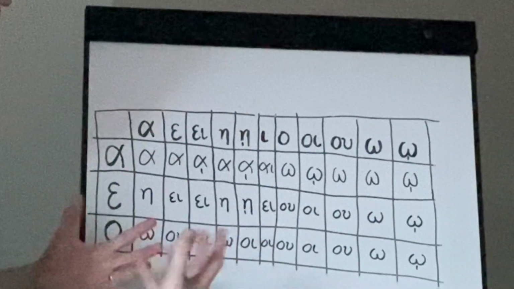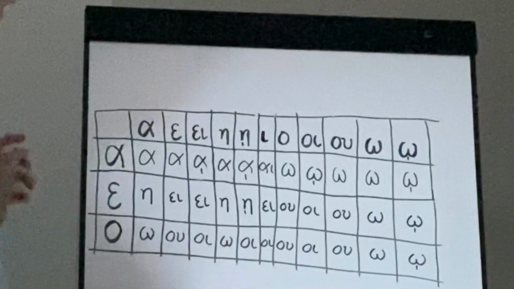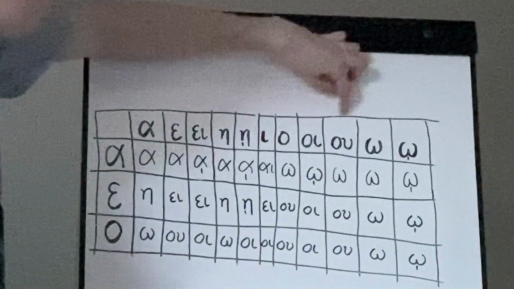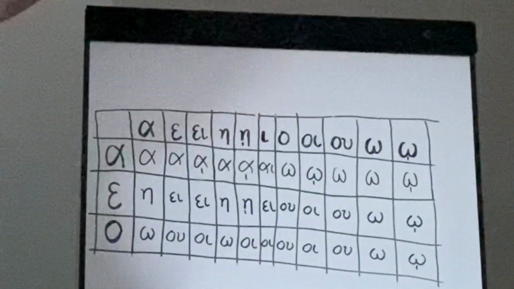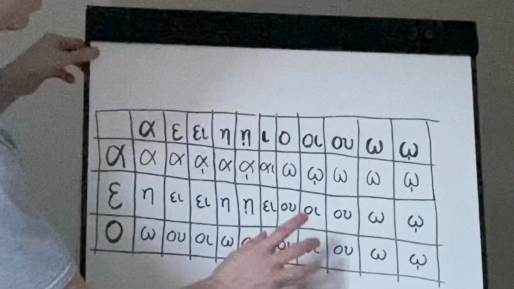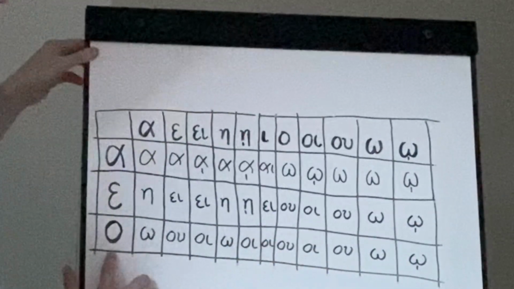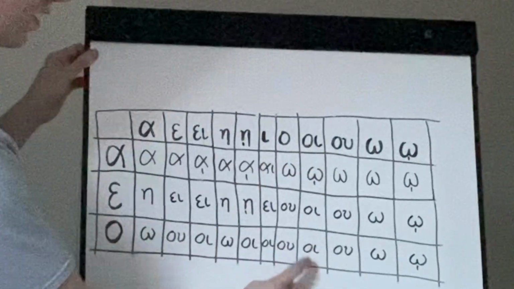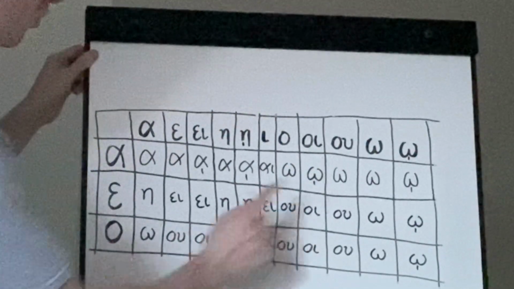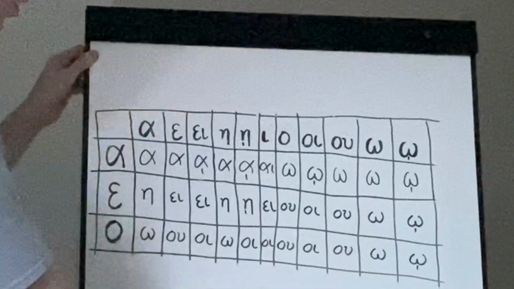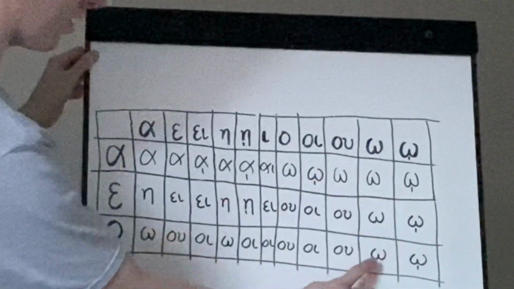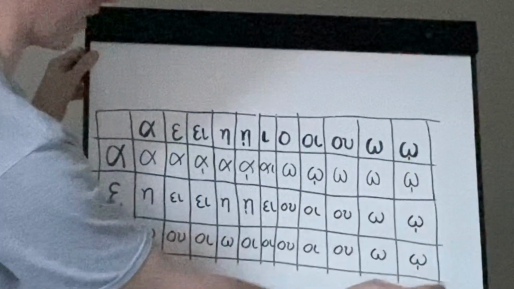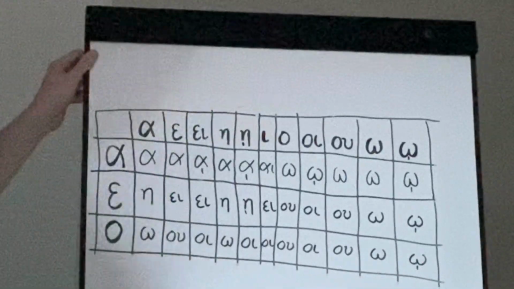And then, as with epsilon, these last four possible additions overpower the contract vowel. So, omicron plus omicron iota is omicron iota. Omicron plus omicron upsilon is omicron upsilon. Omicron plus omega is omega. Omicron plus omega with iota subscript is omega with iota subscript.